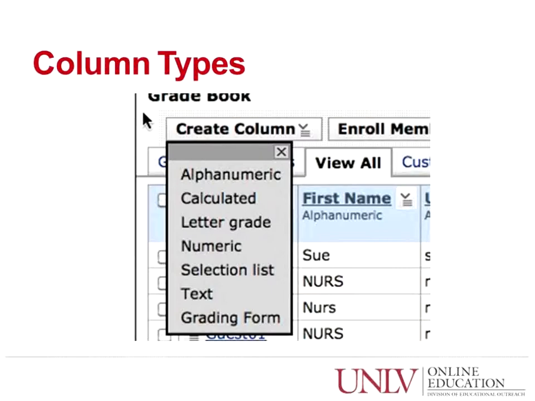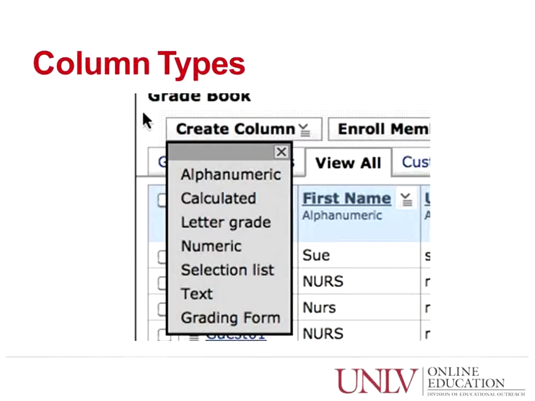Use the numeric column, numeric type, the fourth choice of the 7, if you plan on using the entry for numbers that will also be used for later calculation. The calculated column is not really a standalone column. It's based on information that you glean from other columns that have calculable, or adding or subtracting, multiplying type of data.